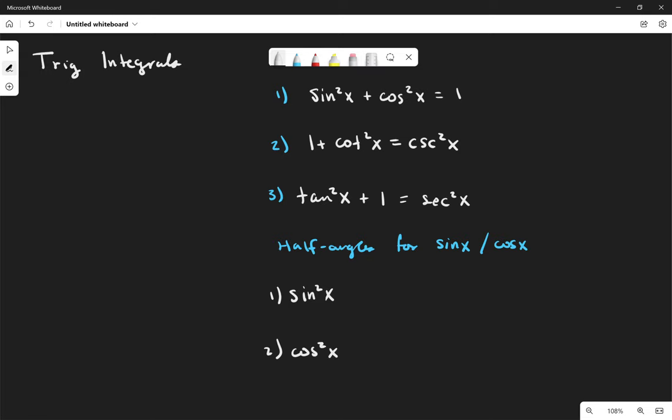And they all look pretty much the same. Sine squared x is going to be 1/2 outside, 1 minus cosine of 2x. And then cosine is going to look basically the same. It's the exact same thing but with a plus in the middle.